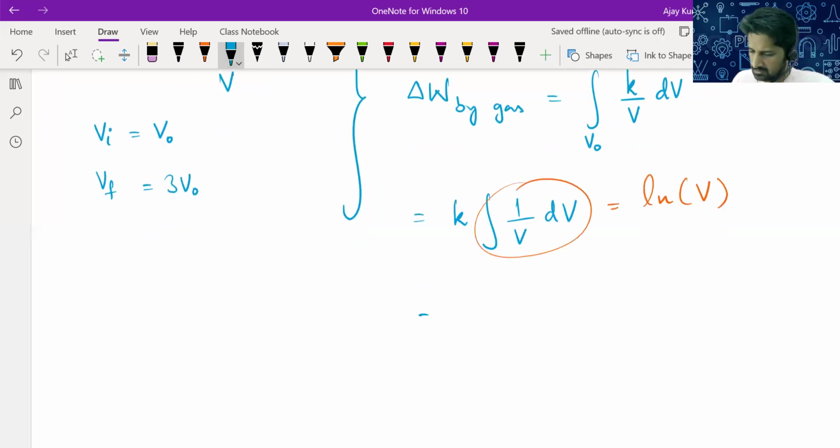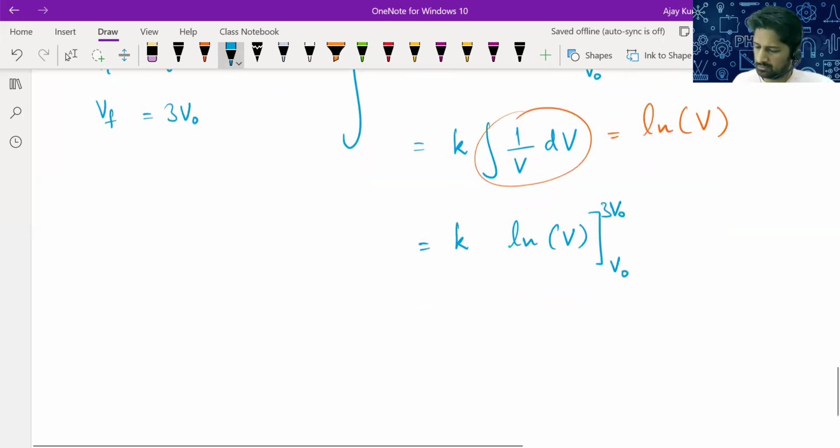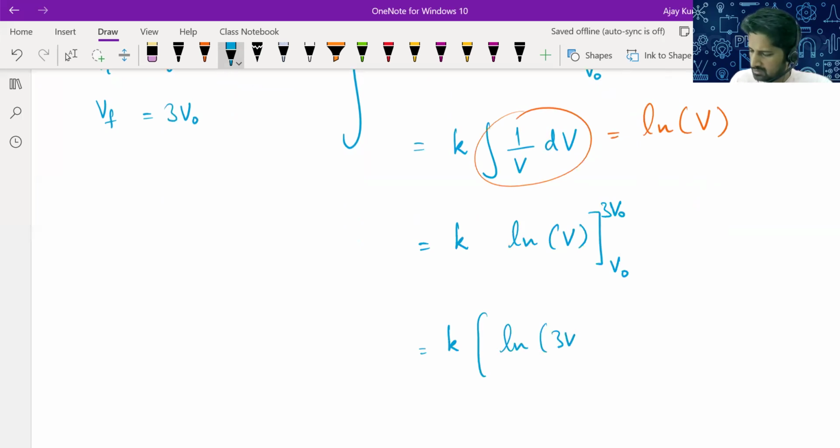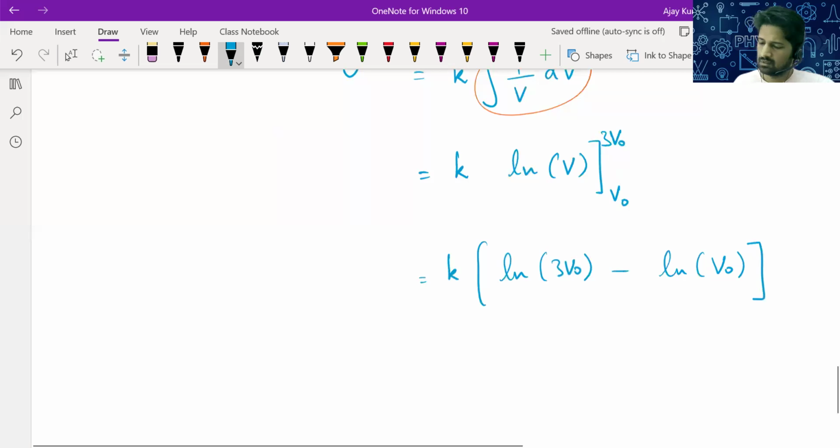So the integral becomes k times ln V. And in this, we need to substitute limits V naught to 3V naught. Substitute upper limit, it becomes k times ln 3V naught, first, minus lower limit, V naught. And basic mathematics, ln a minus ln b is ln of a by b.